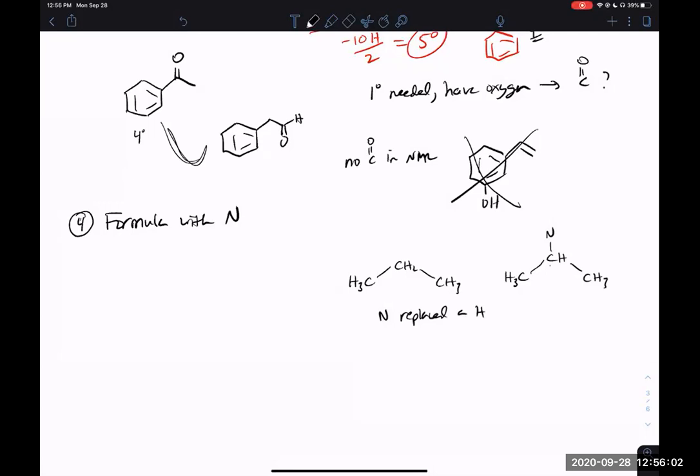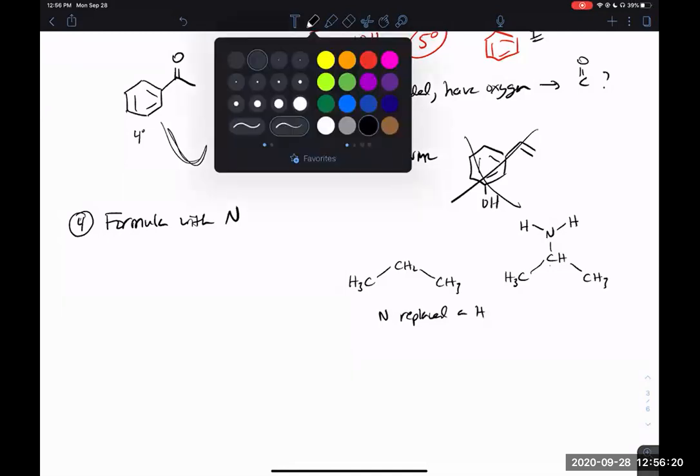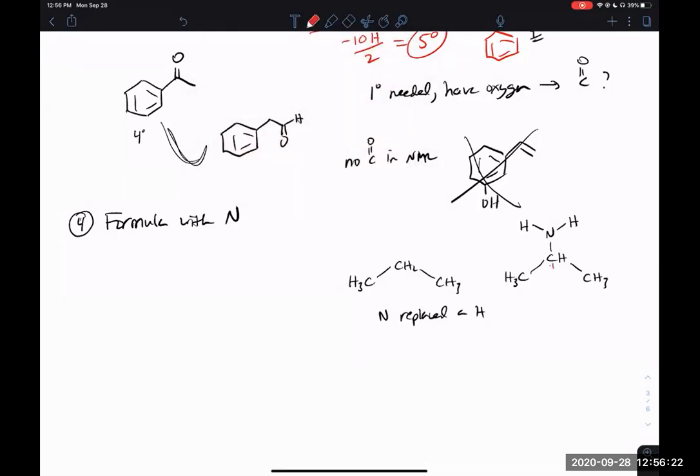I cannot add double bonds to this. I have to just add hydrogens. This nitrogen always has 3 bonds, right? So nitrogen replaced a hydrogen. And basically the hydrogen transferred from, let's draw it in red, it was on the carbon. It was a CH2, so that hydrogen basically ended up right there. So that was a transfer, but it added an extra hydrogen.